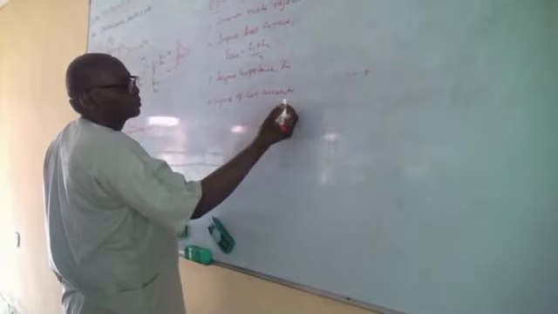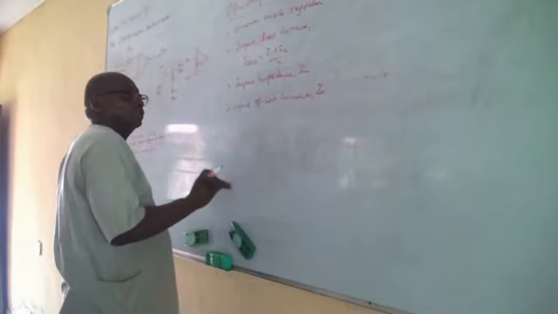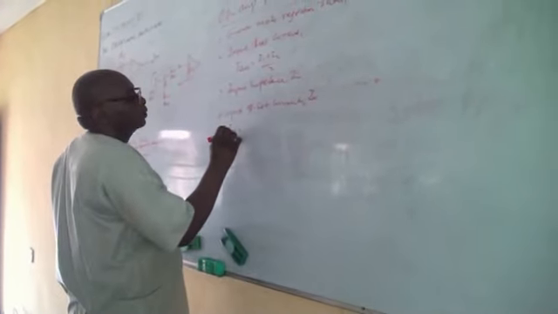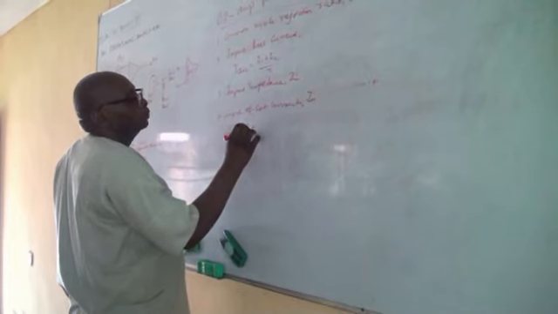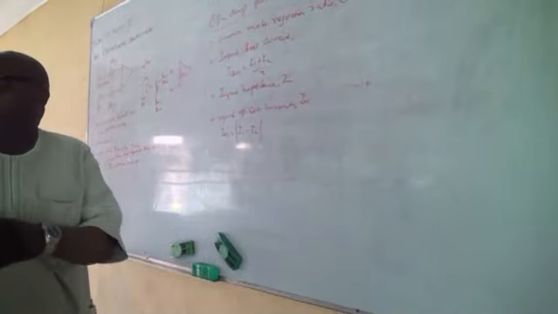We can just say this is IOS, input offset current, and IOS equals I1 minus I2. Simple. Too difficult?